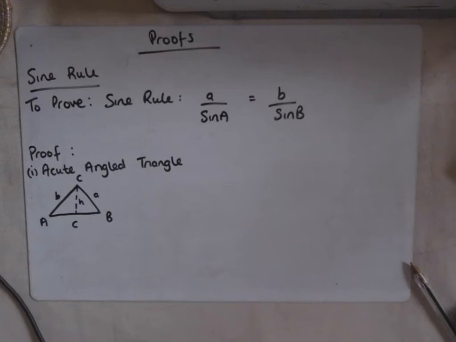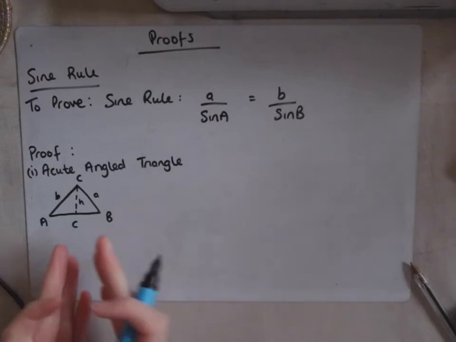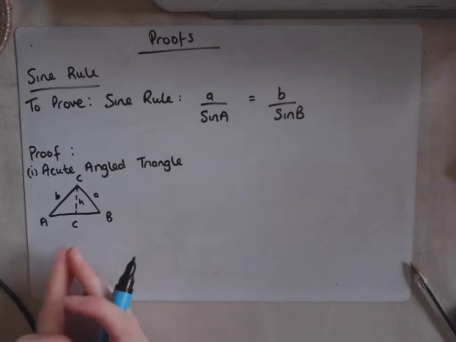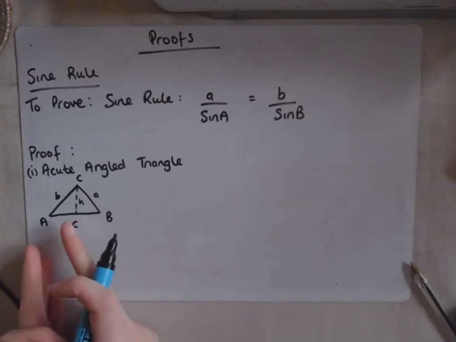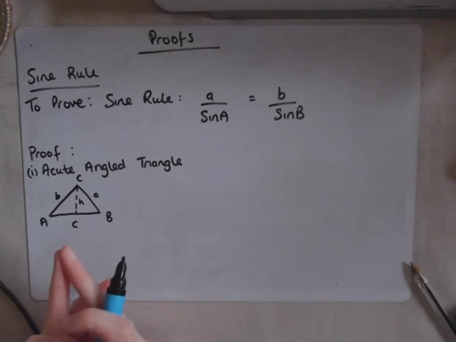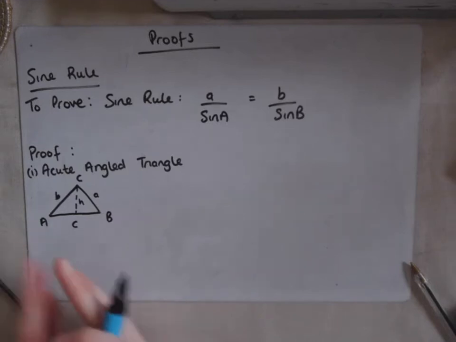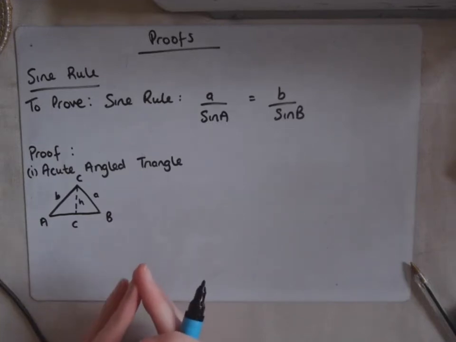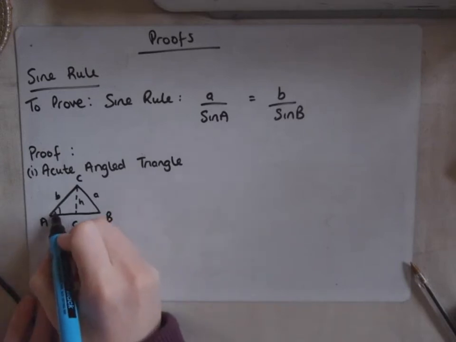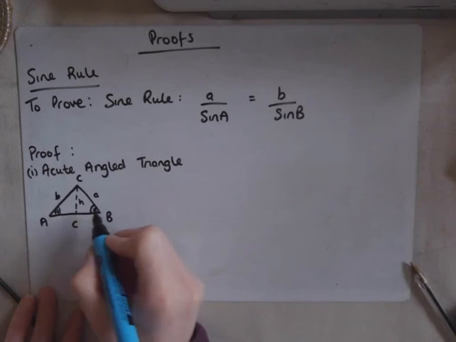Using this triangle, you're going to find what sine of A is in terms of h and sine of B in terms of h. That's going to allow you to get h equal to something in terms of sine A and h equal to something in terms of sine B, and then you're going to be able to equate your h's. So this angle here is A and this angle here is B.